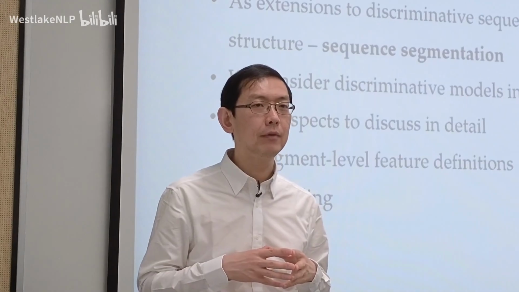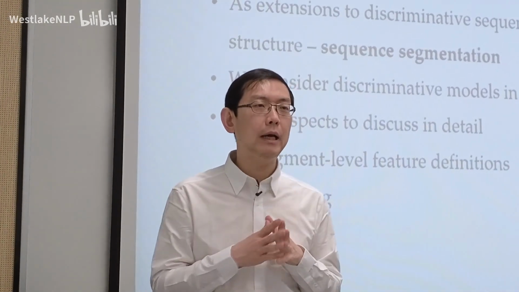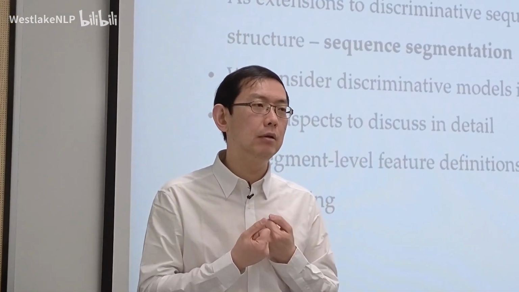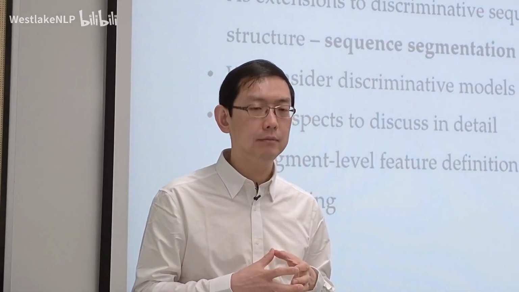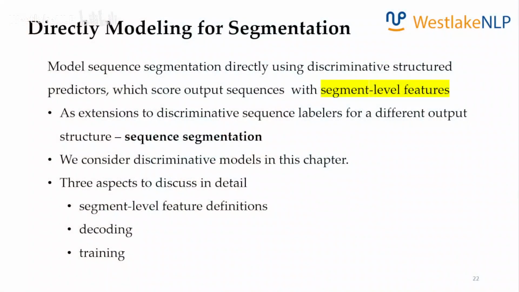When you do that, the character level features no longer work. We need to define word level features. And it turns out that when doing so, your models will have to change a little bit, in both the training algorithm and the decoding algorithm. You already know what decoding is.